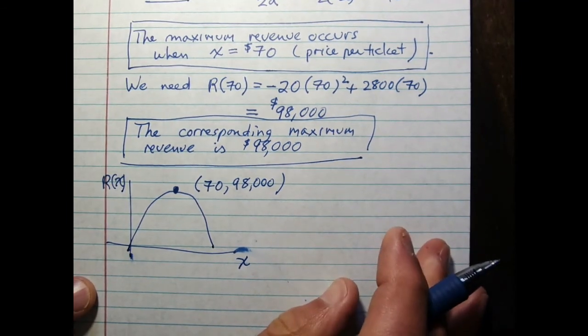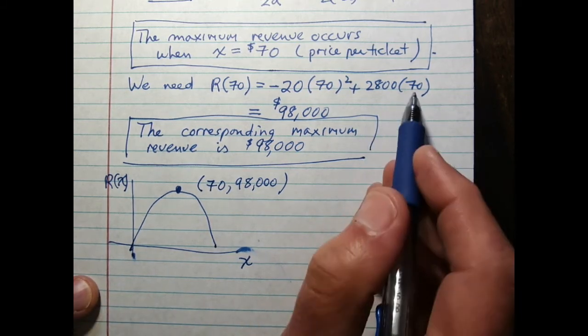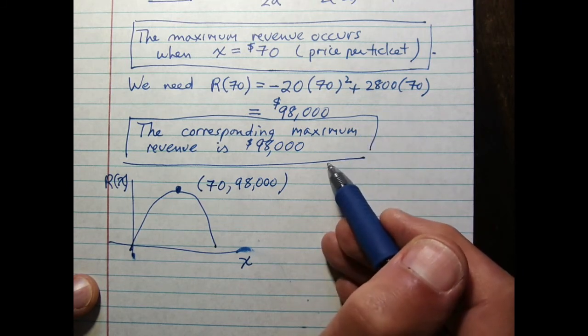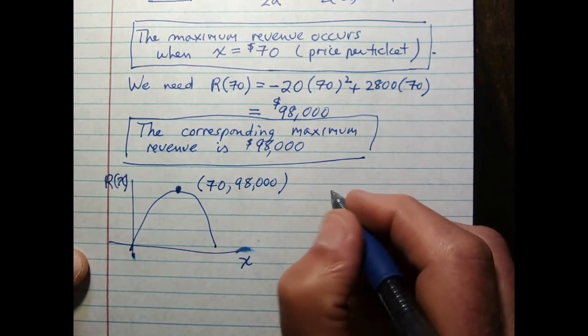We could figure that out if we wanted, but I'm just answering the question in the word problem. They want to know what ticket price will bring in maximum revenue. The ticket price is $70 per ticket, and the corresponding maximum revenue is $98,000.